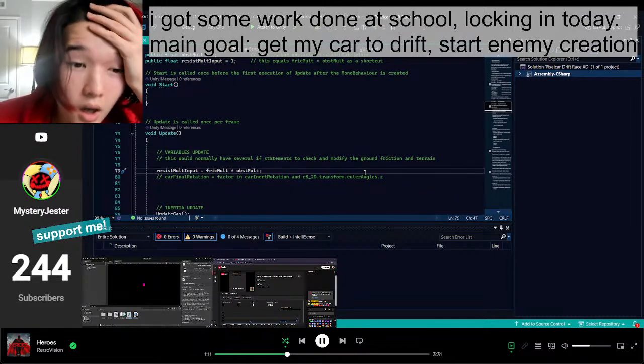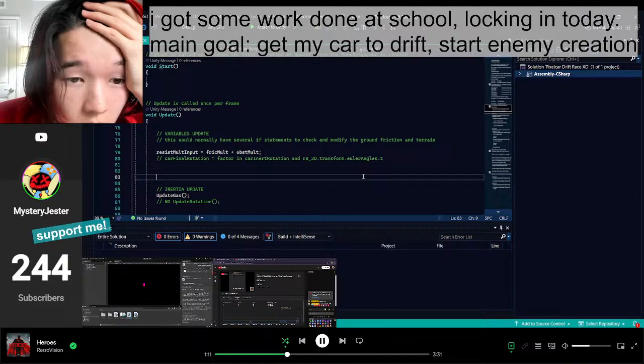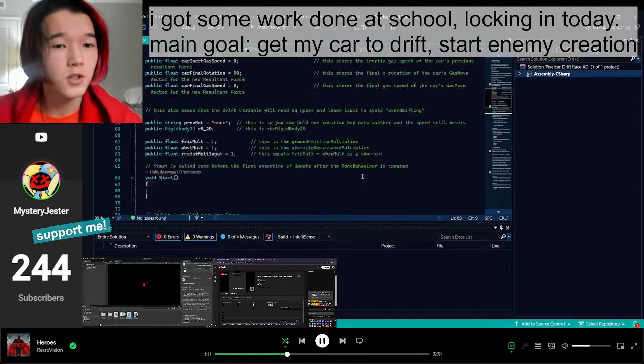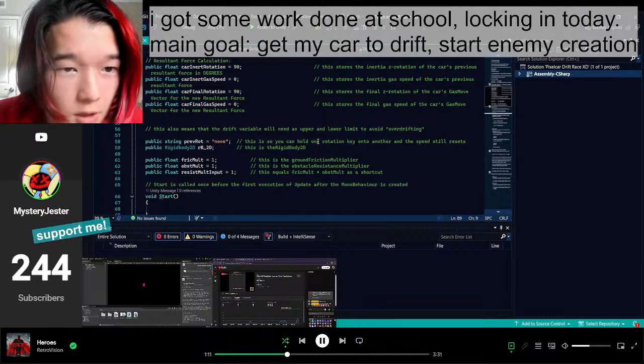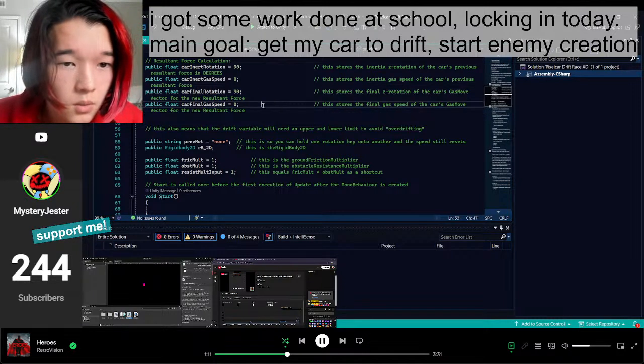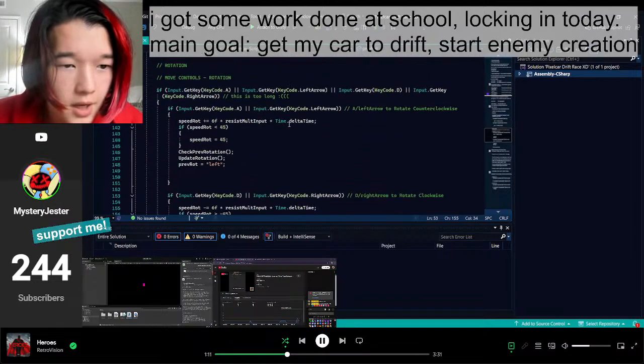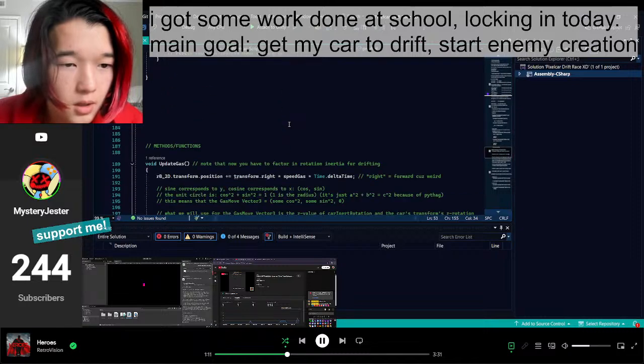Oh my gosh! Okay. Resultant force calculation. We need these 4 variables. Car inert rotation, car inert gas speed, car final rotation, car final gas speed. So let's just take those and just plop them in there, huh?